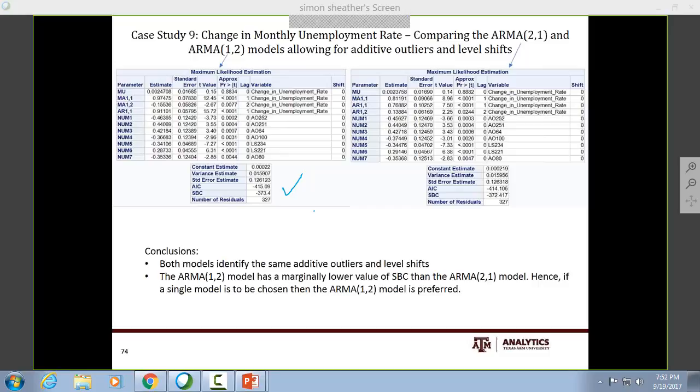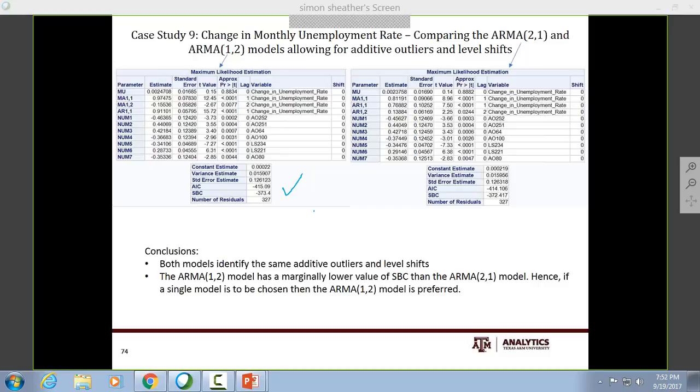If I had to pick one before I did the level shifts, I'd prefer the ARMA 2-1, but no, that's not going to really be a choice. Basically, the SBC, they're pretty close, but the ARMA 1-2 is better, and if I have to pick one, let's pick one. Now, Marek, the good news here is that I have some holdouts, and we'll see who does better on the holdout. Right? Okay?